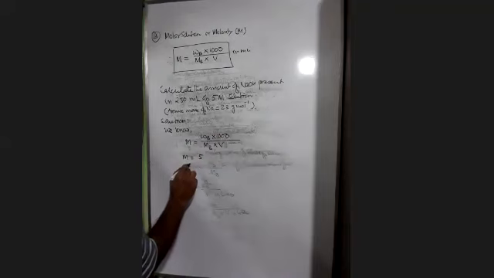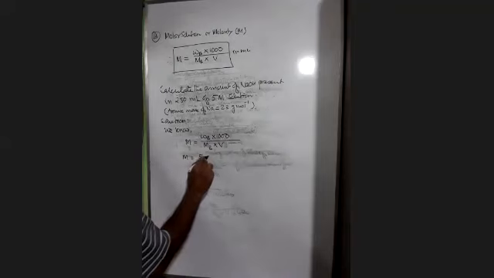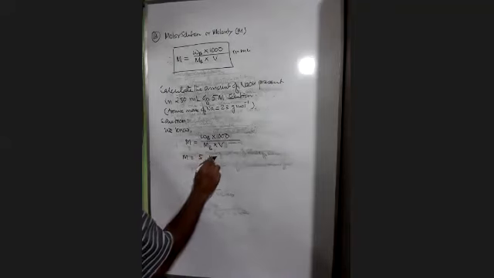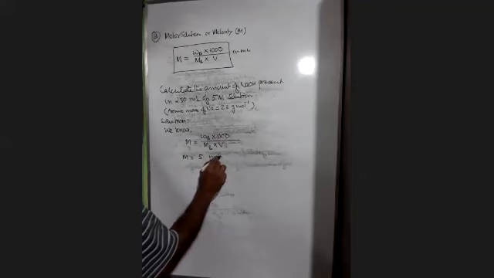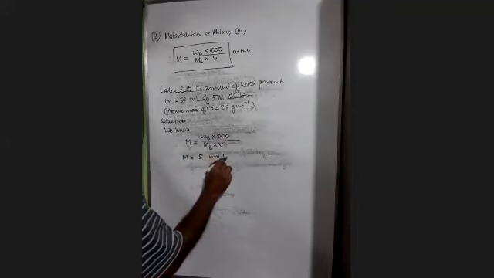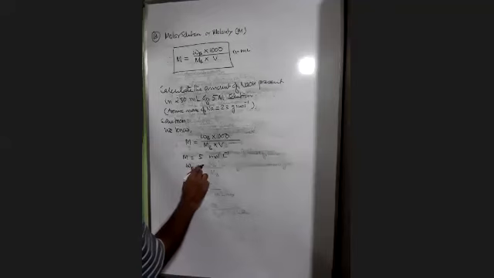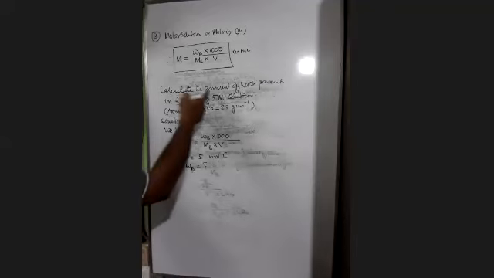So you can write 5 mole per liter. Then WB you are supposed to find, the amount of sodium hydroxide present.